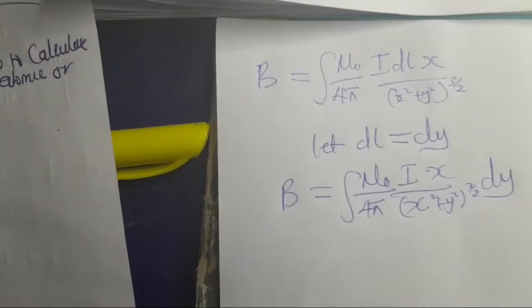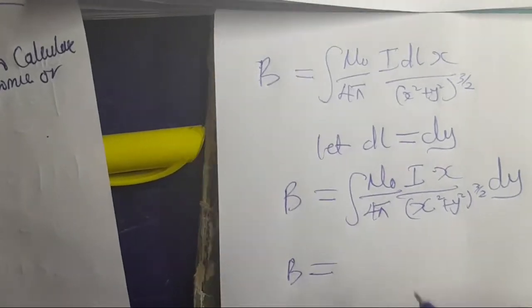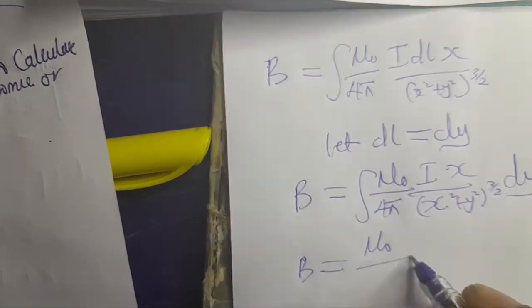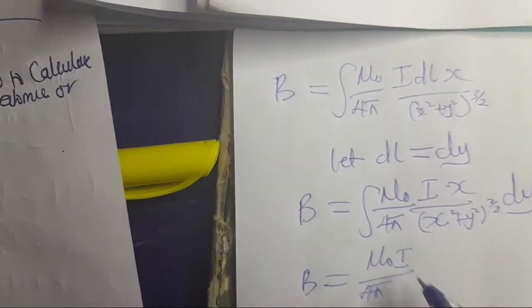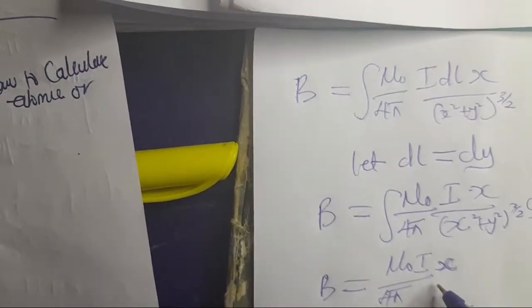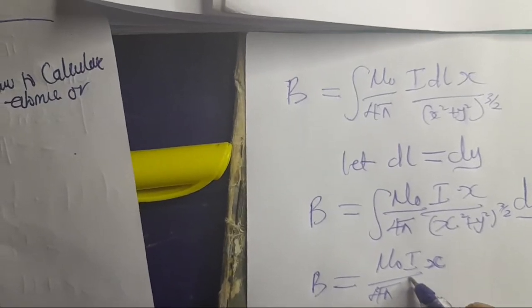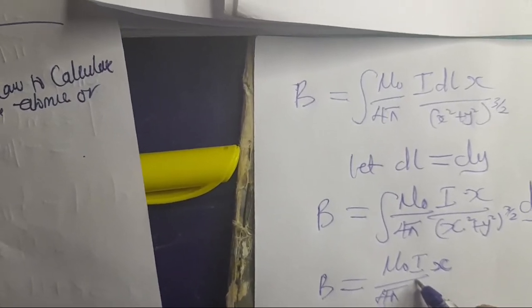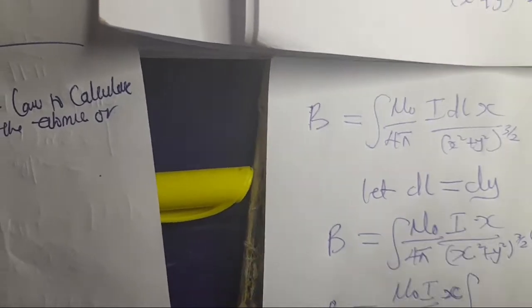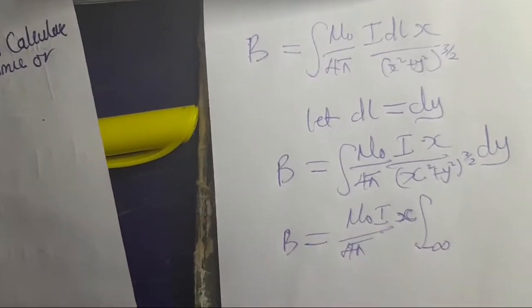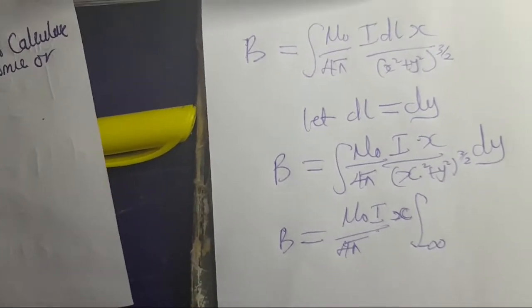So now we are going to move the constants outside of the integral and integrate the variables. So our B, the magnetic field, will be equal to, this is a constant. Of course, the current I is a constant in this part, and the x also, bring it out because we're not dealing with x here. Find the integral from minus infinity. For the length, we're not given a specific location where the length is stopping.